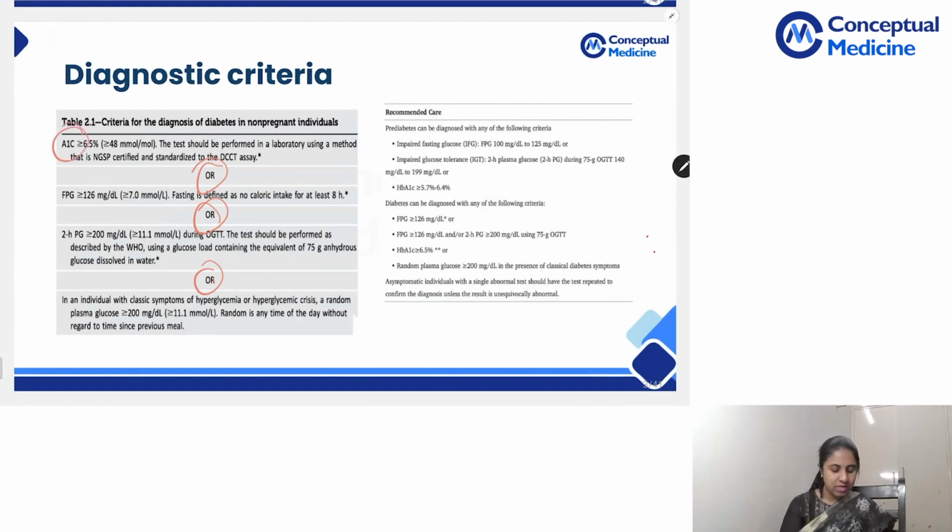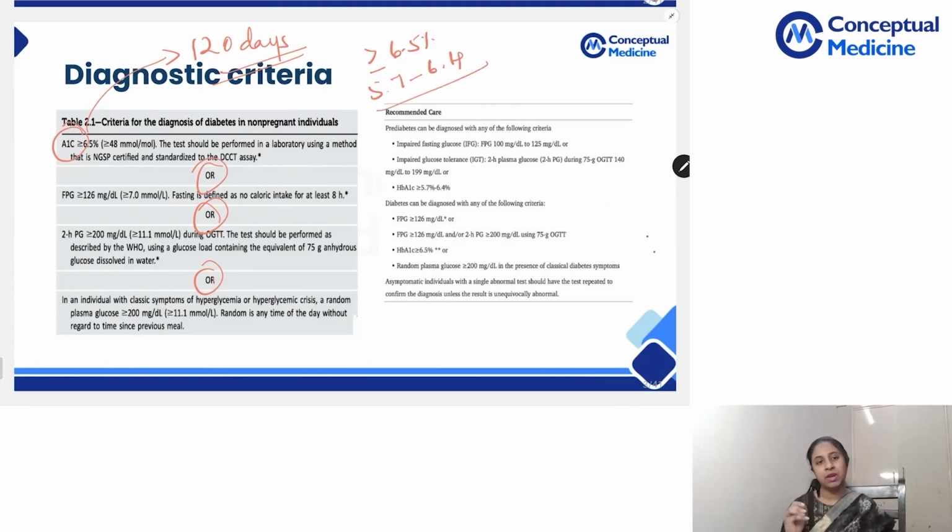The HbA1c reflects the last 4 months average, the last 120 days average of glucose. We will learn about HbA1c also, and this should be more than or equal to 6.5. Anything from 5.7 to 6.4 would be considered pre-diabetes, and anything less than or equal to 5.6 is the non-diabetic range.